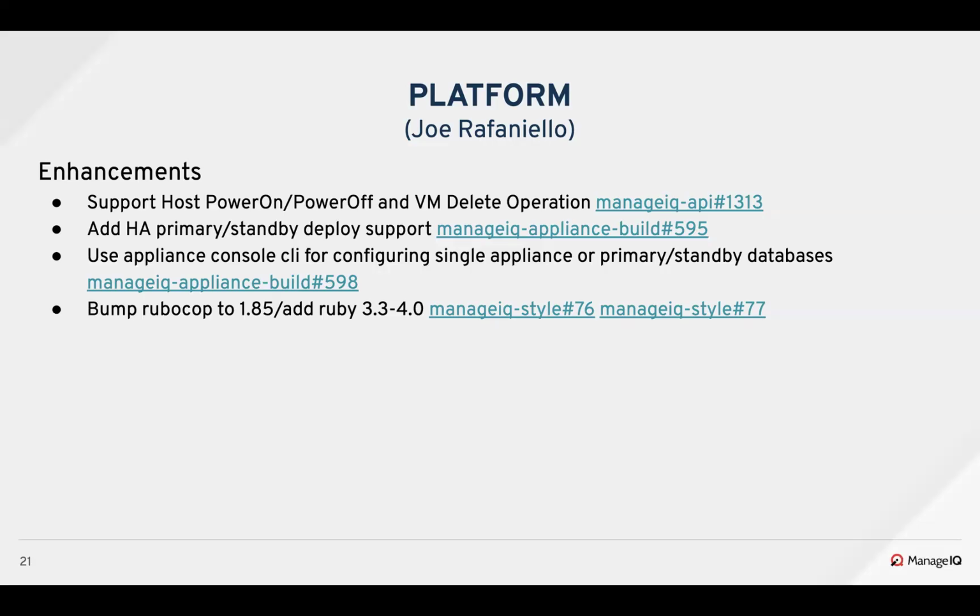I also updated the appliance build to use the appliance console CLI for configuring these or the single appliances and some minor cleanup. Using the CLI is more reliable than running the manual console script and then reading and writing standard output and input. Next, in the ManageIQ style gem, Jason bumped Rubocop to version 1.8.5 and added Ruby 3.3 through 4.0 support.